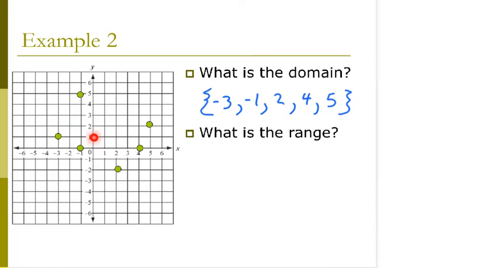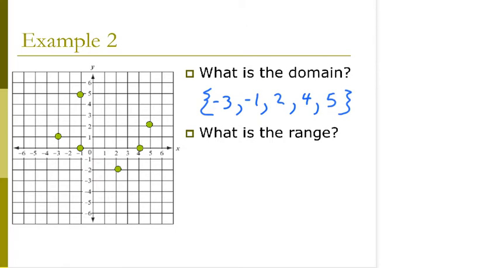This point here has 0 as its y value. So does this point. So 0 is in the range. This point has 2 as its y value. So 2 is also in the range. And this point has negative 2 as its y value. So if we were to express it, here's what it would look like.